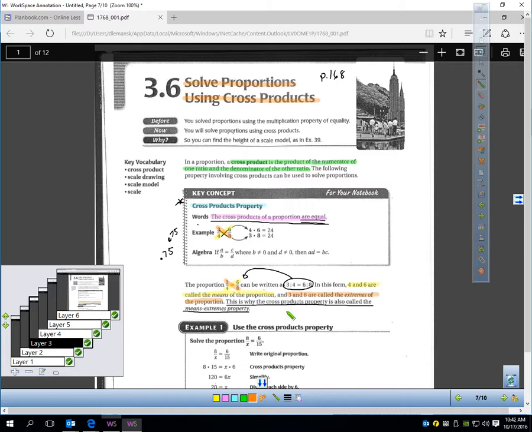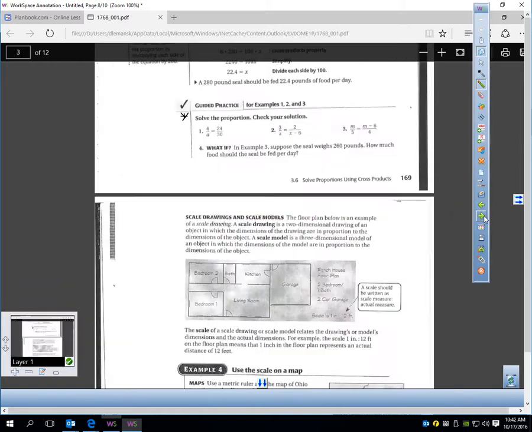This is why the cross product property is also called the means extremes property. In other words, if you multiply the means and you multiply the extremes in a proportion, those should always be equal. Now we can use this fact to solve proportions, and rather easily.